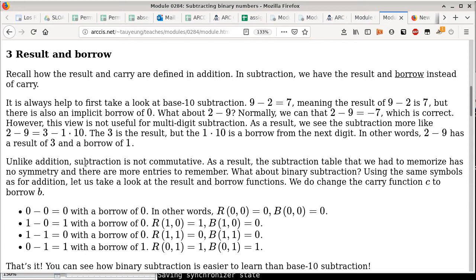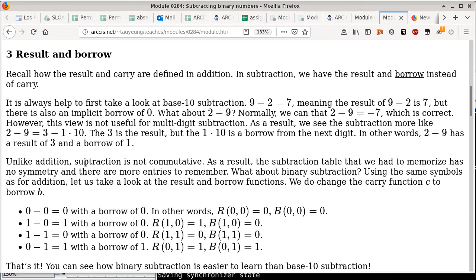Okay? All right. So subtraction is not commutative, but in base 2, we'll take a look at these cases and see if they make sense. Does it make sense that 0 minus 0 is 0 in base 2, just like it is in base 10? Does it make sense that 1 minus 0 is 1, regardless of the base?